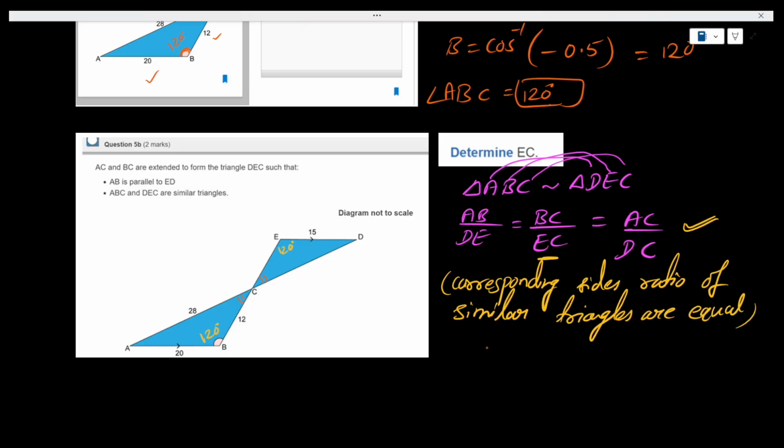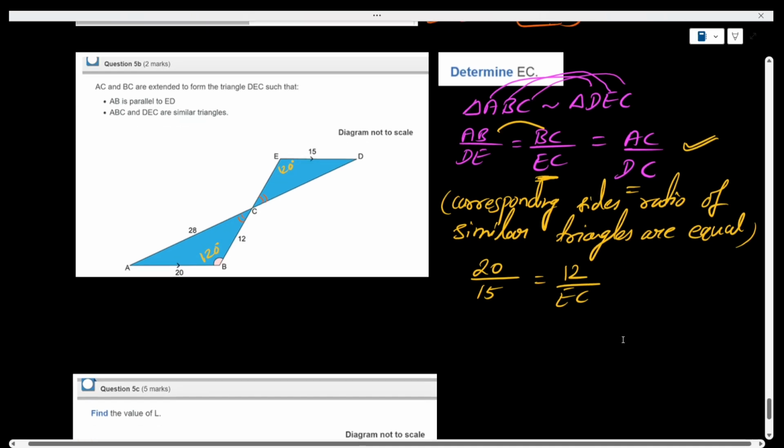So substitute AB is 20 by DE is given as 15, which is equal to, so you will equate these two because I just need to find out EC. BC is given as 12 by EC, which you need to find out. If you need to find out DC, then you can take this 28 by DC also. So here make EC the subject.